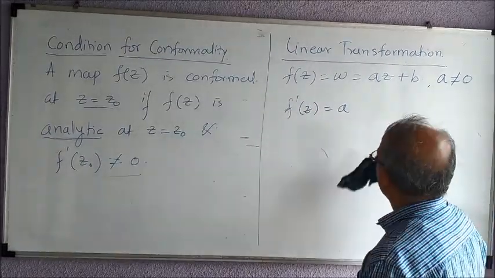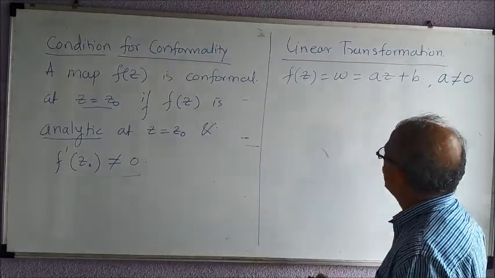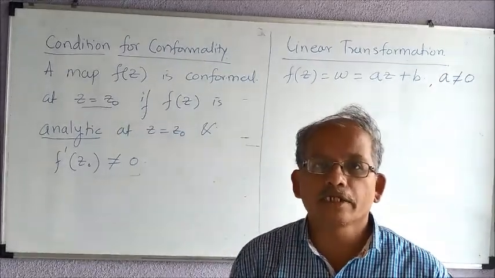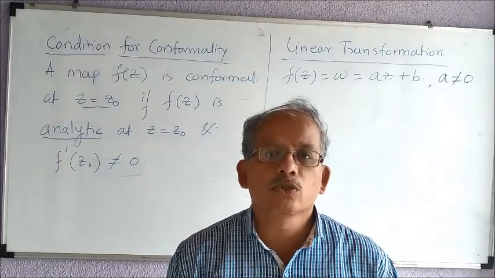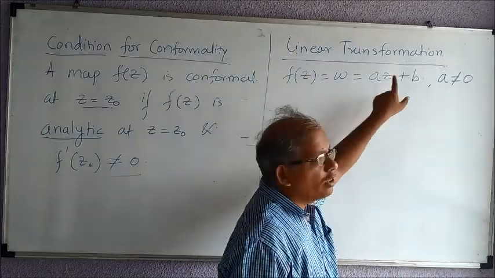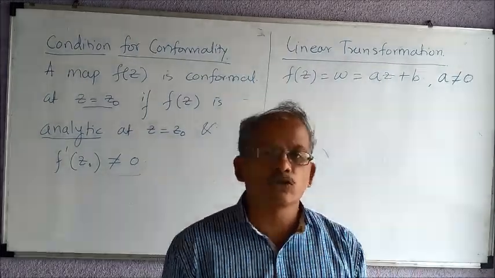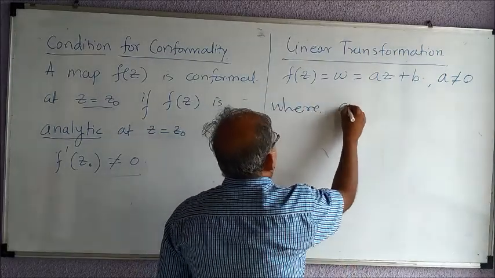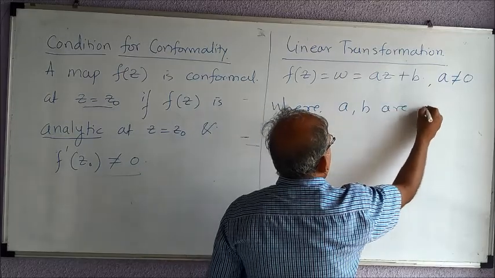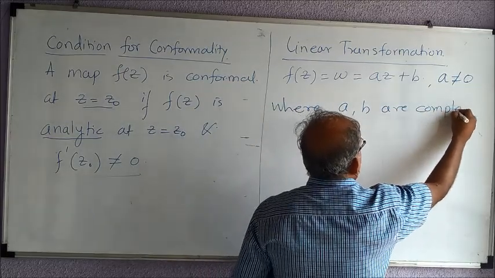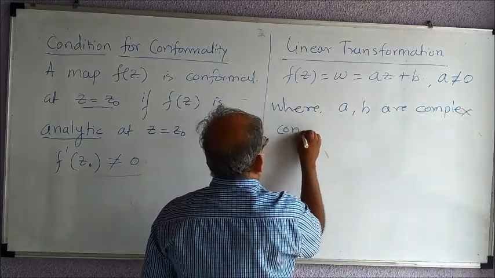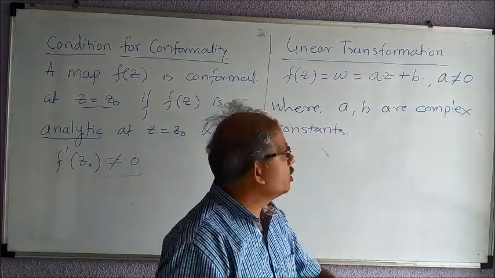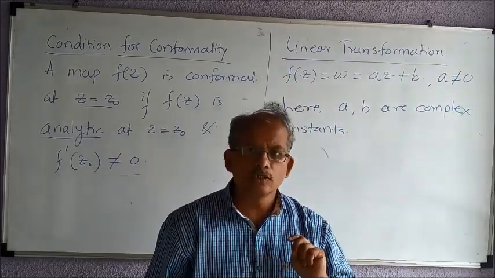Depending on the values of a and b, which are complex constants, you can make types of this map. So here a comma b are complex constants, and the only condition is that a is not equal to 0.